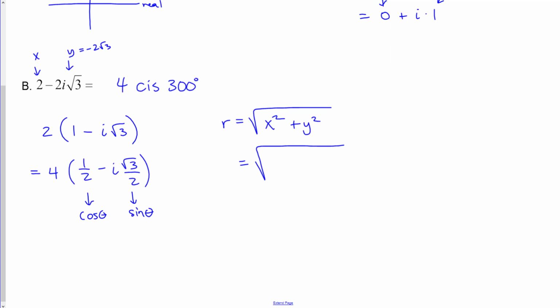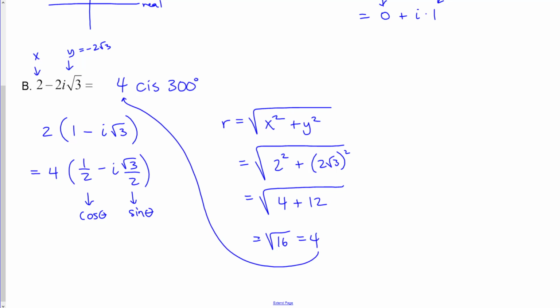We're going to disregard the i. So it would have been 2 squared plus 2 root 3 squared, which is 4 plus 4 times 3, which is 12. 4 plus 12 is 16, so the square root of 16 is 4. So there's the radius of 4. It matches up right there.